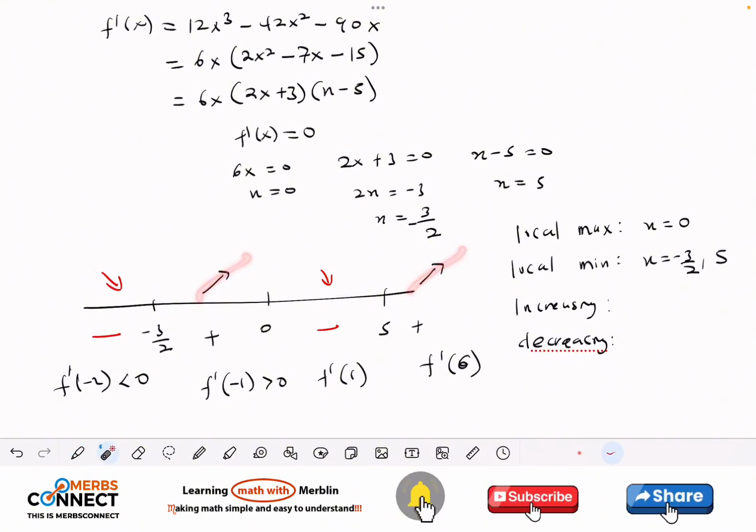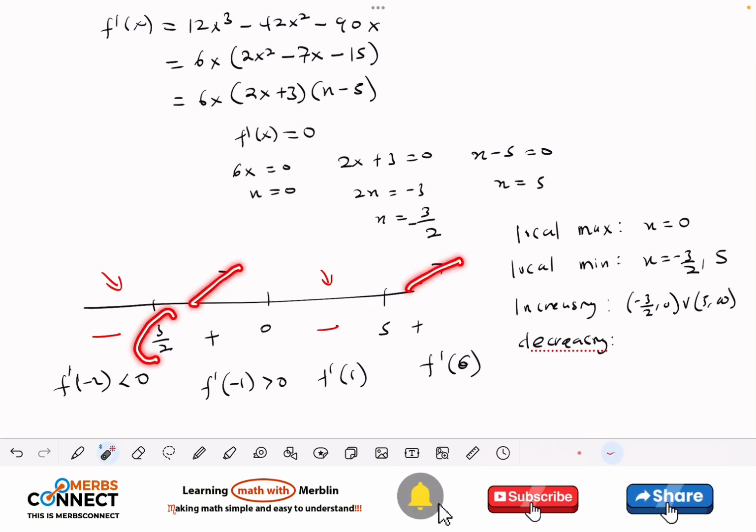So we have increasing, increasing. So this is increasing between this and that. So we are going to have minus 3 over 2, 0, union, or you can use end, but union is better. Then from 5 to positive infinity. So these are the intervals where the function is increasing.